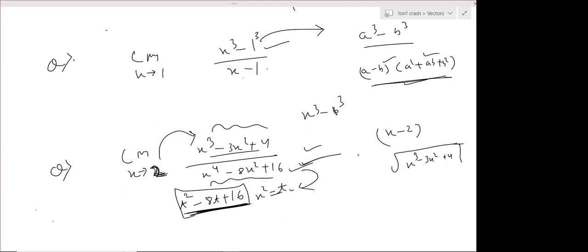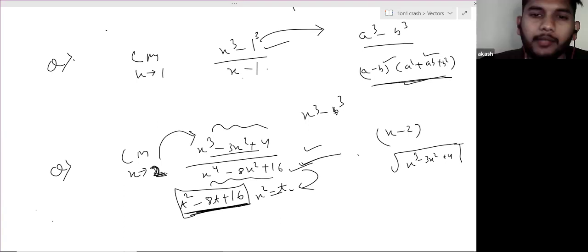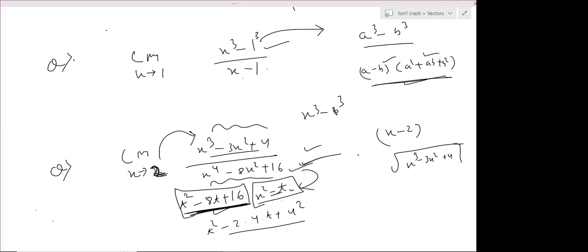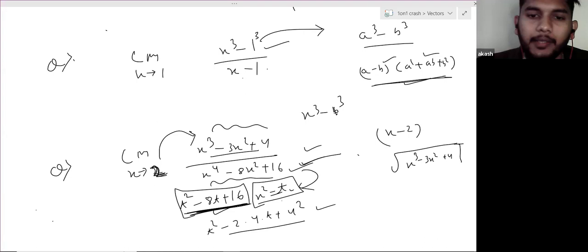So whenever you see to the power 4 and you have to factorize, always do this. Assume x square is t, then use middle term splitting, or you can see this is t square minus 2 into 4 into t plus 4 square. So a minus b whole square, right? So this is the easier way. So please solve it.